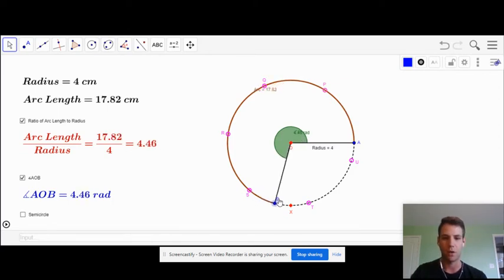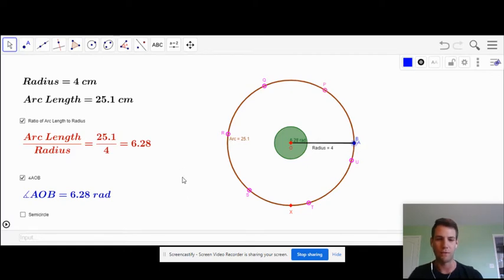If we go to the very end of this circle here, we have 6.28 radians like we discussed before. We have 1, 2, 3, 4, 5, 6, and 0.28 radius lengths around the outside. And you can see the arc length would be the full circumference. If I took 4 times 2 pi, I would get 25.1 as my circumference.